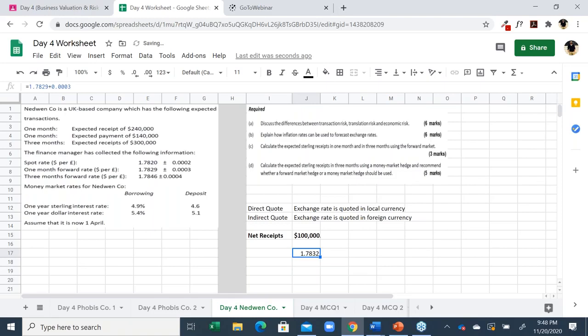So we have added, and now we are subtracting 0.0003 from the same figure, 1.7829 minus 0.0003. The two rates are basically the buying and selling rates of a bank.